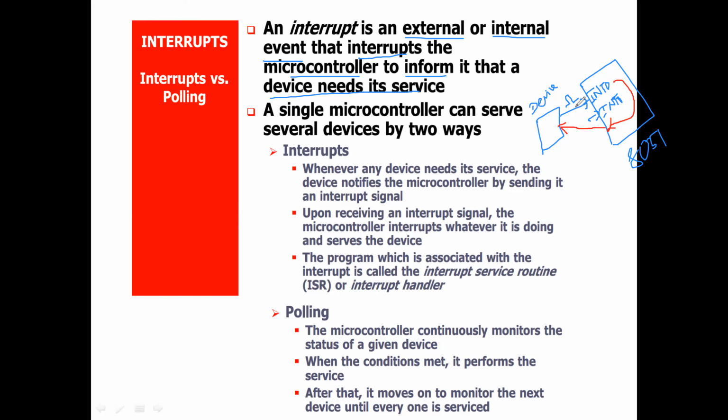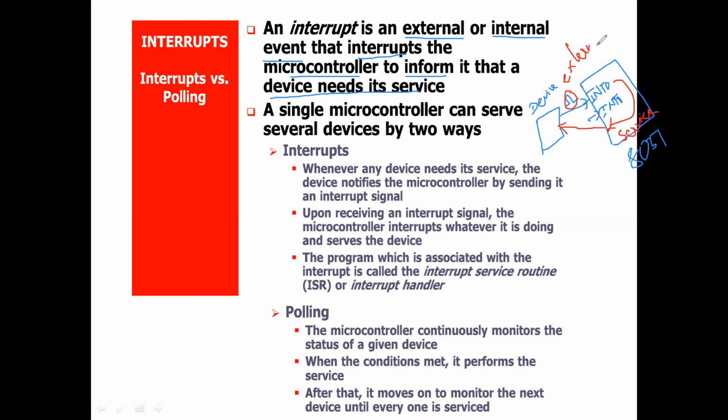It can be one of the applications: I'll send you a pulse, you send some data to the ports or to some other devices. The application can be anything. Anyhow, the 8051 has to serve according to the device request. This is what we call an external event.